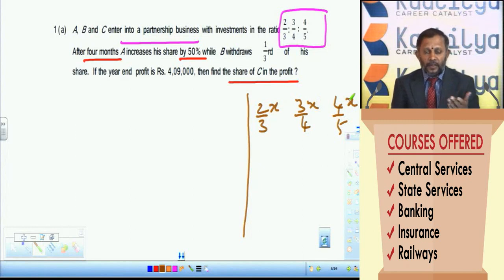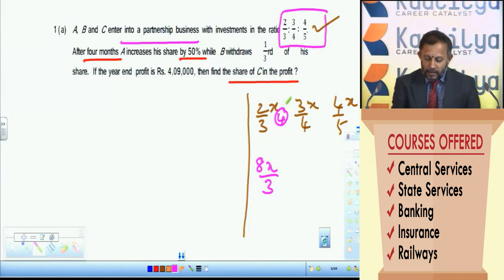As we know, there is a difference in the time period, because there is no change in the investment of C. As per the data, after 4 months, the investment of A is increased by 50% or half, and the investment of B is to be reduced by 1/3 of it. So for the first 4 months, you take 2/3 for first 4 months, that is 8x/3, the share of A. Next, about B, 3/4 x remains constant for the first 4 months.